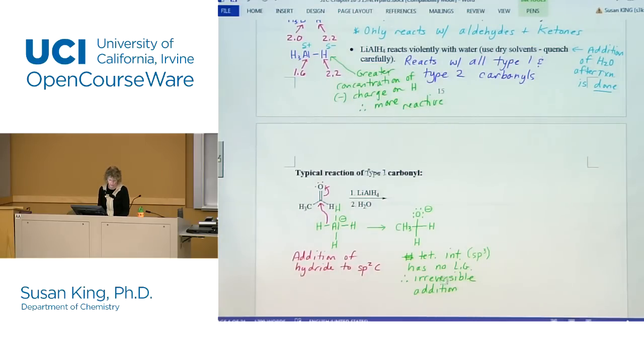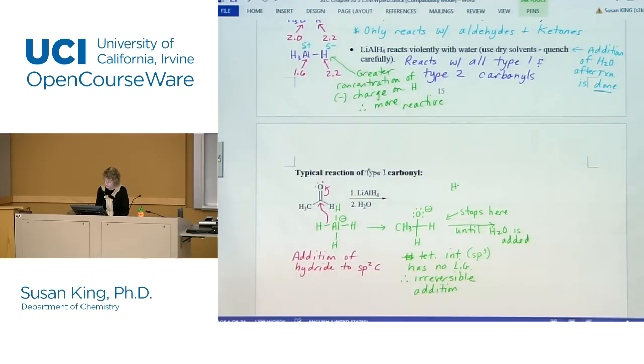So that means it's going to stop here until you add what? Water? Water or acid? In a second step, okay?